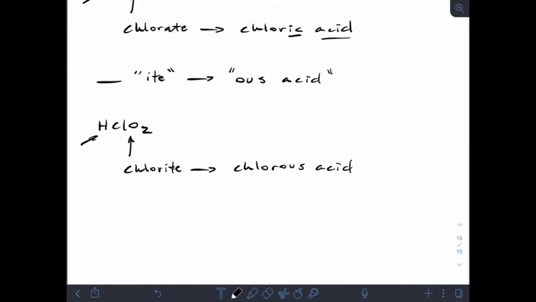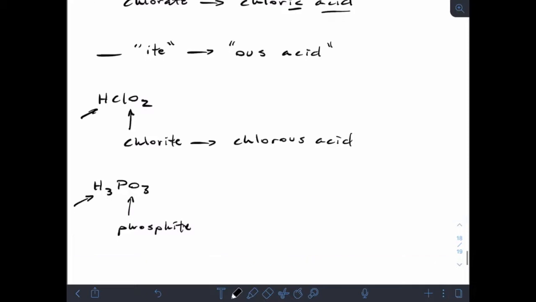So if I have H3PO3, PO3 is phosphite. And I see that I've got a leading hydrogen. I have 3 of them because phosphite is a 3- polyatomic. So I need 3 hydrogens to balance that 3-. The number of hydrogens doesn't matter, okay? So phosphite becomes an OUS.